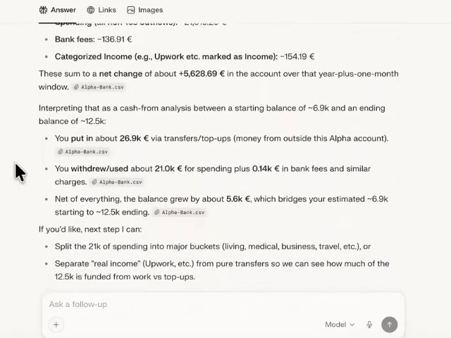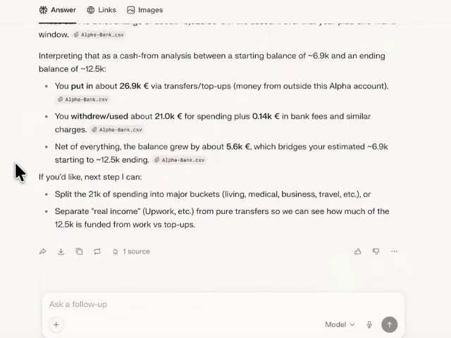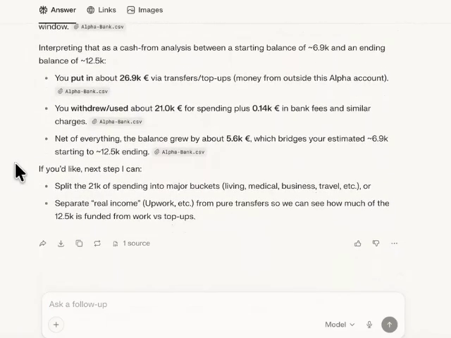Let's see here. Now it's kind of recommending what to do next. Major buckets. Yes. Do what a financial analyst would do.